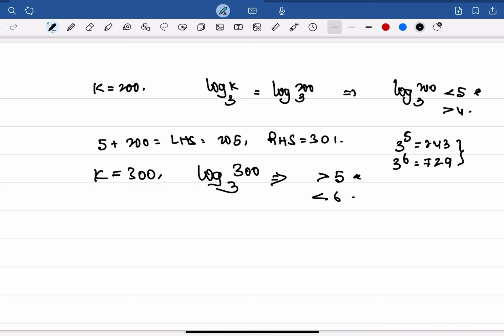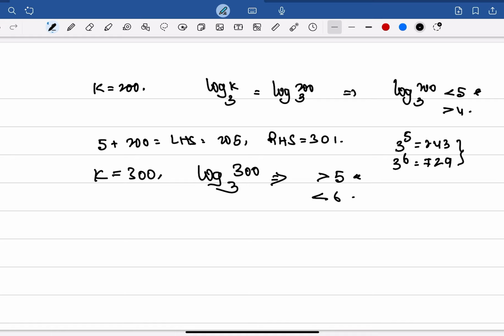The difference is almost double the value of 3 to the power of 5; the difference is around 500. That means, can we safely say it's leaning towards 5 a little more, but not going towards 6.